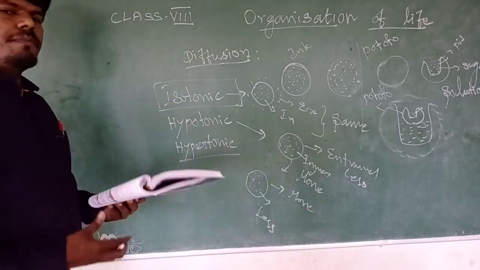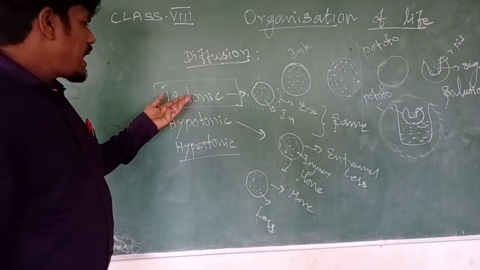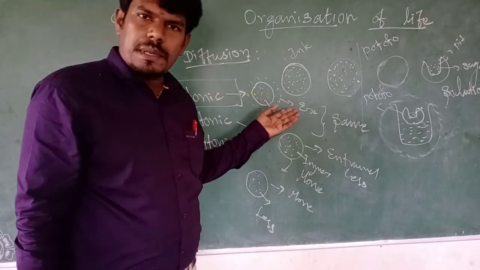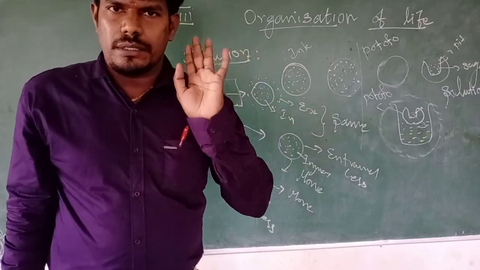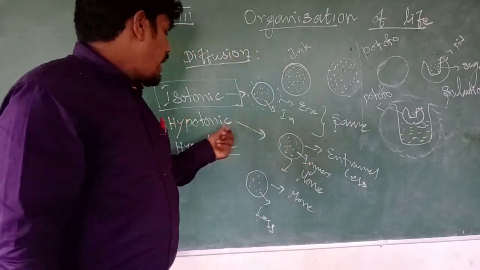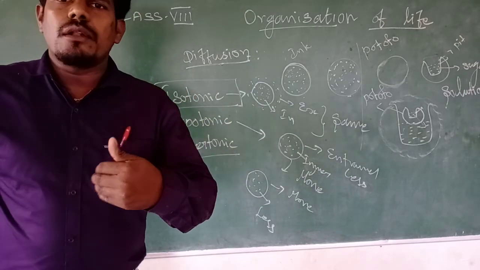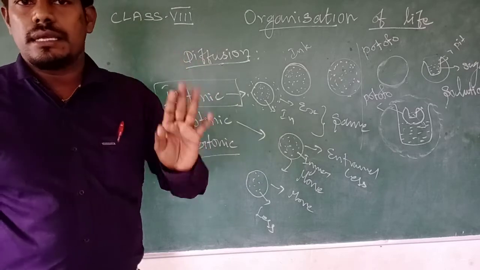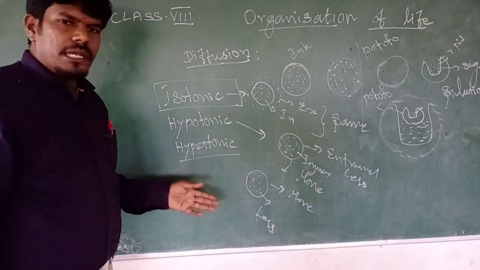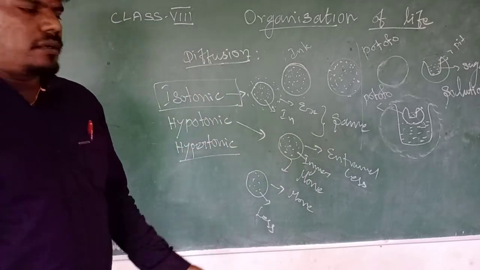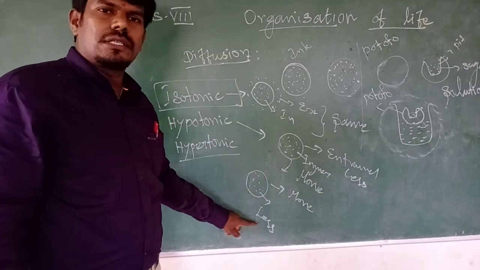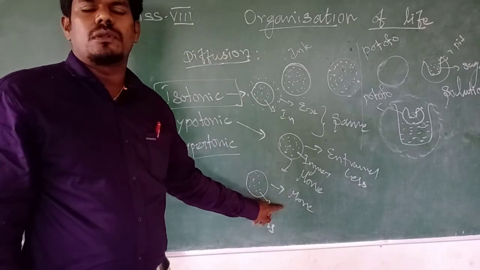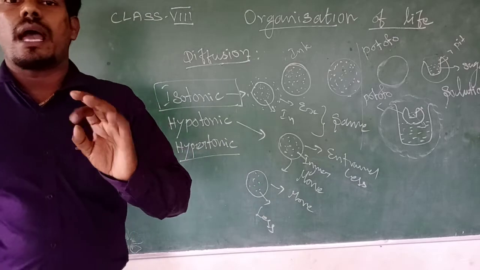This is called hypertonic. First you have to study: isotonic means both sides are at the same concentration. Yes or no? And hypo means the inner has more concentration compared to the external, which has lesser concentration. And hyper is the opposite: the inner has less concentration, and the surrounding solution or solvent is at higher concentration.